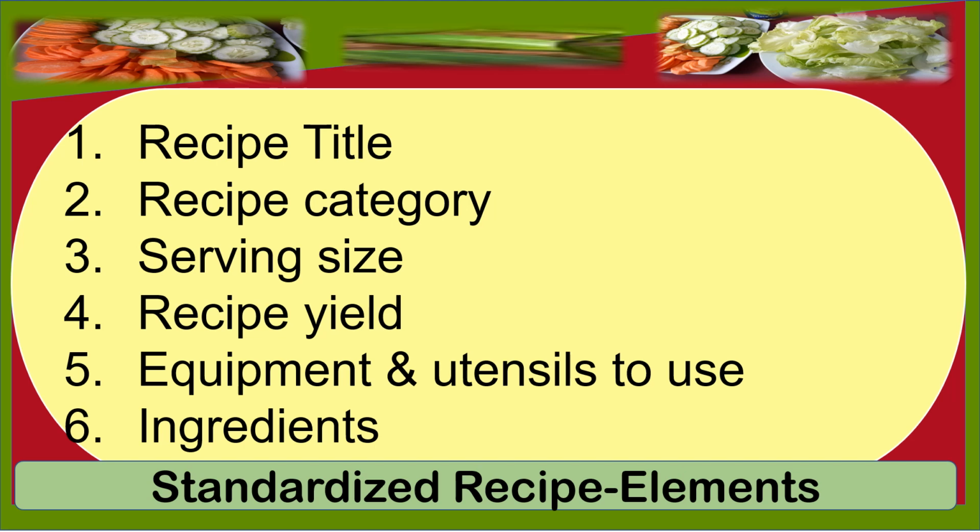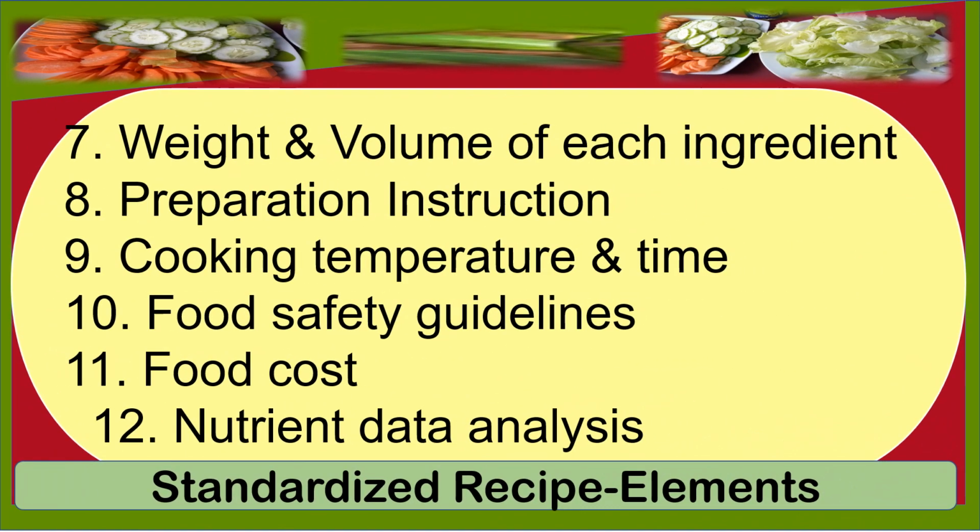Okay, then number six, the ingredients. Oh, this is very important. These are the food items used in the recipe. And number seven, the continuation, we have the weight and volume of each ingredient. So this is the required amount of each ingredient in the recipe.